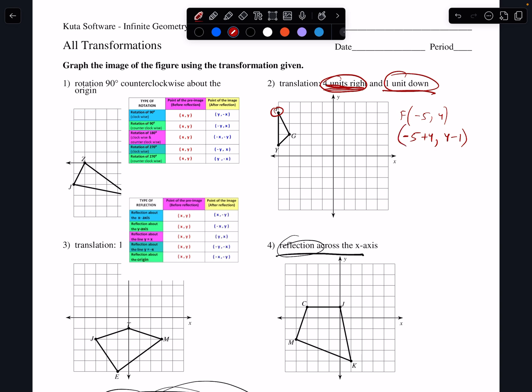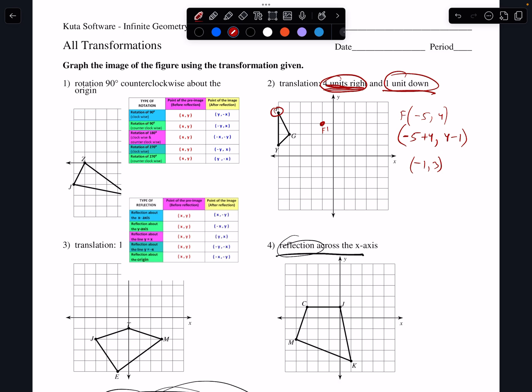So essentially what I'm doing here is making a new coordinate point, (-1, 3), and (-1, 3) looks to be here, right? So that's your F prime.